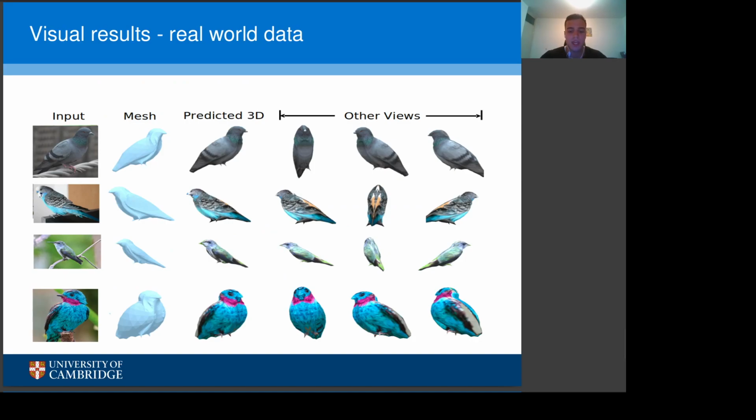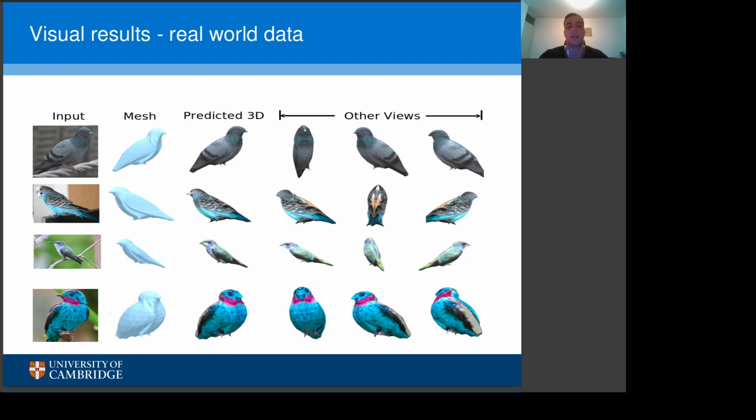Here are some of our visual results. We use real-world 2D bird images as input for generating a 3D model. In the first column is the input, an image of real birds, taken for example from the internet.